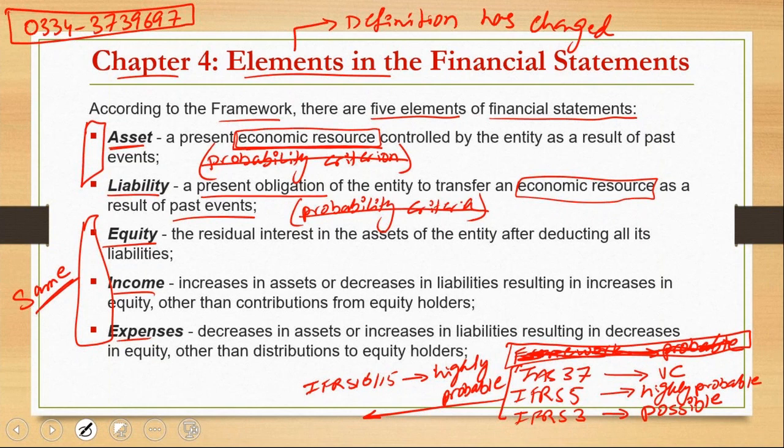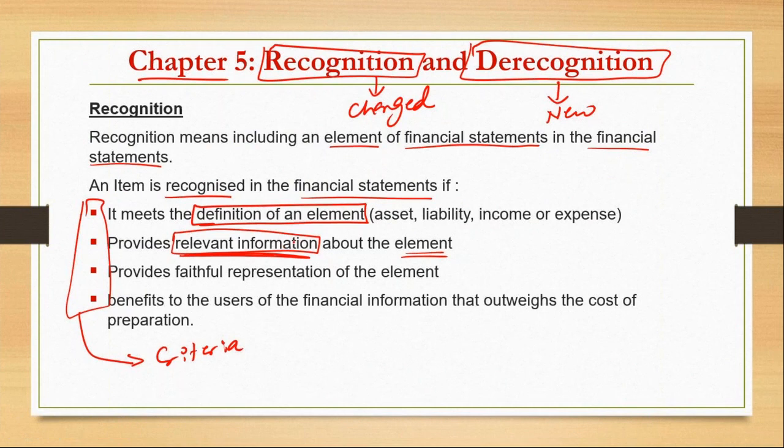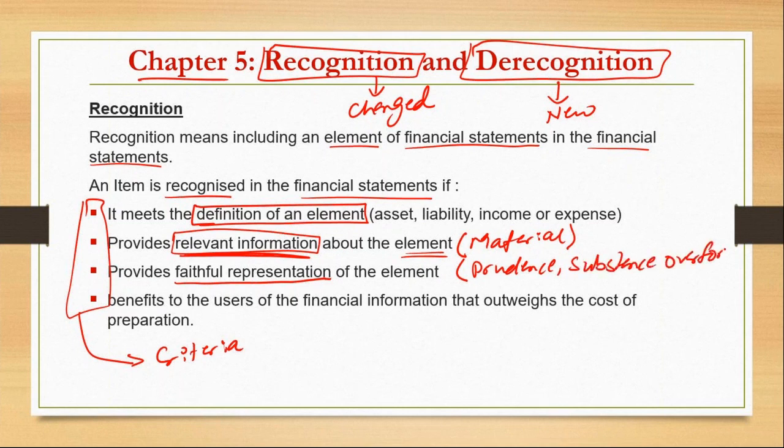Its recognition will result in relevant information to the user, which means that they are material in numbers, because relevance means the materiality concept, and provides faithful representation, which means that they are based on the prudence concept or the substance over form concept or any other concept which ensures faithful representation, plus the benefit of recognizing to the users will outweigh the cost of preparation.